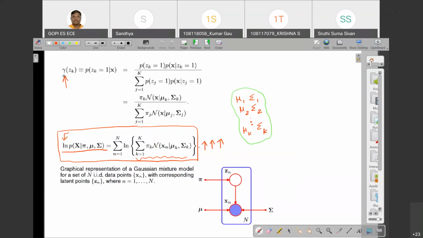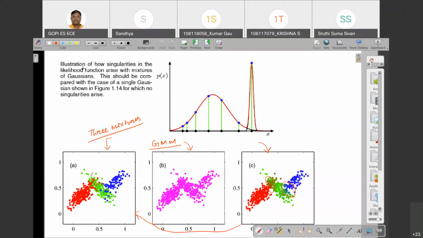It means that either the first Gaussian mixture or the second Gaussian mixture is going to be 1 or 0. So what is the probability that the first one is going to be 1 and the second one is going to be 1? So that is described by this gamma. In fact, this gamma only is giving you the information about this responsibility, and hence this is otherwise called the responsibility factor. Gamma is called responsibility factor.